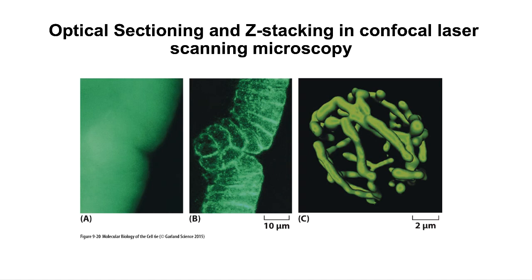You can change the position of the focus plane along the Z axis, and then you can get 3D information by changing the position of the focus plane. That is called Z-stacking.